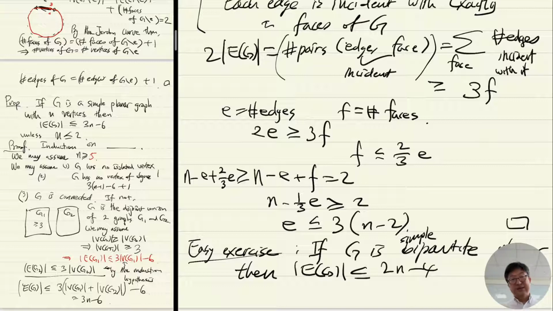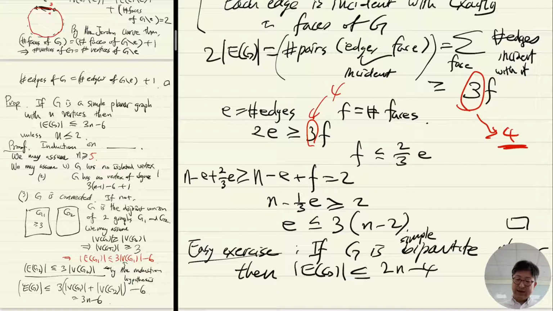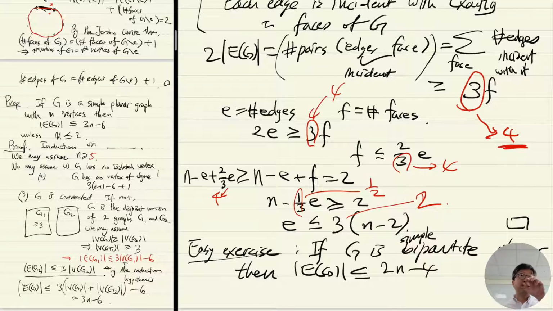Why? Because you basically do the same thing, except here instead of 3 you have a 4. Then you get 4 here, and 4 here, and 4 here, and you get 1/2 here. So this will become 2. Right? So everything else is the same.